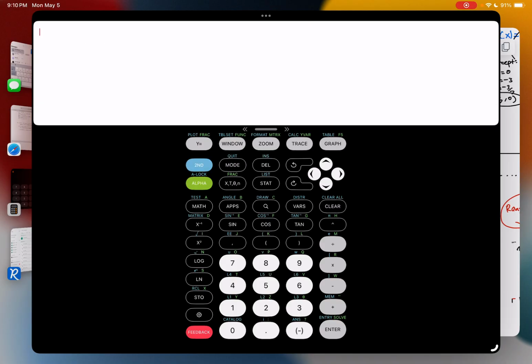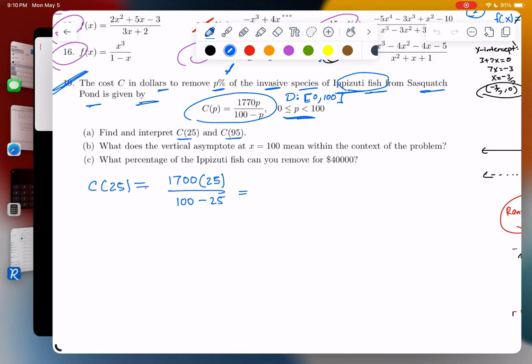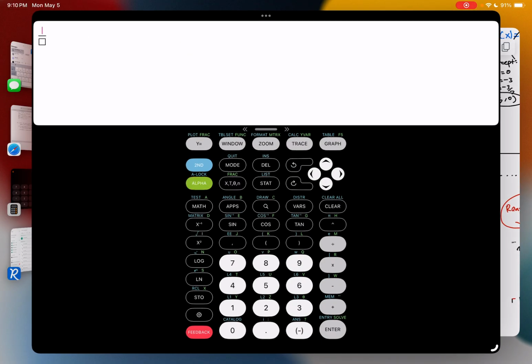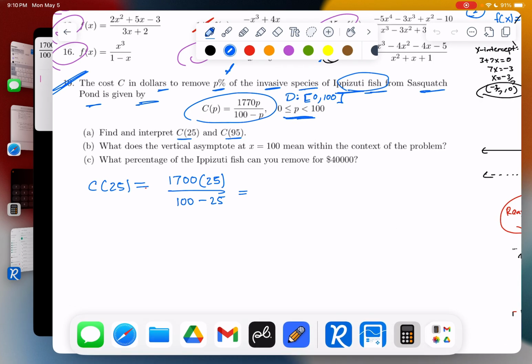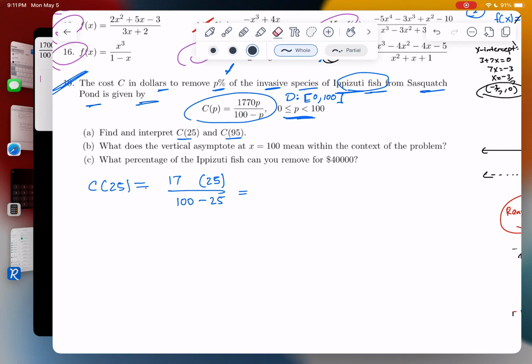I've got 1700 times 25 divided by 100 minus 25. Hit enter. That gives me, is that right? It's 1770. My fault. 1770. That'll be better. Okay, now it'll work.